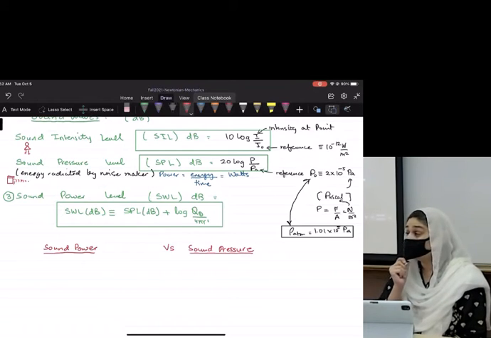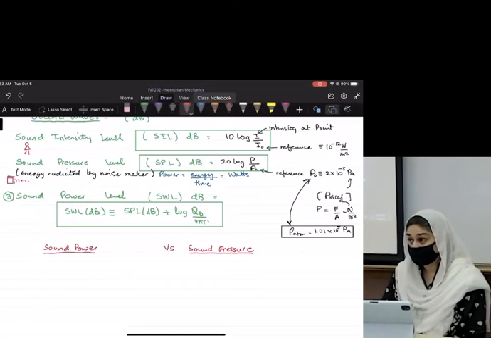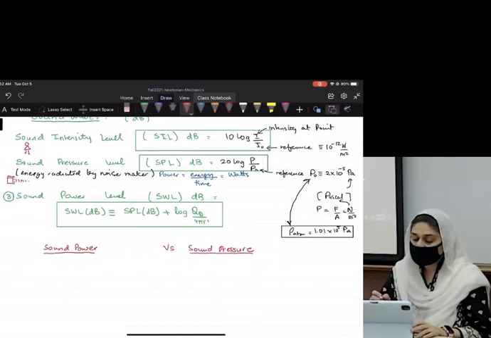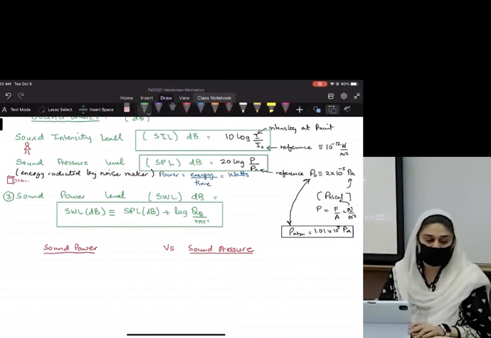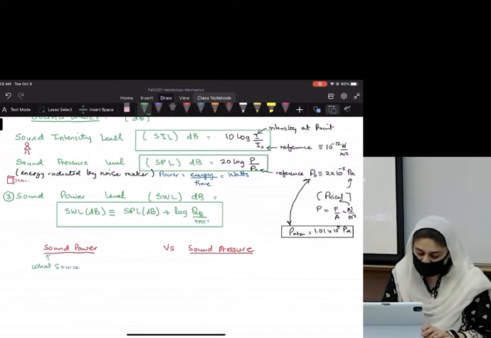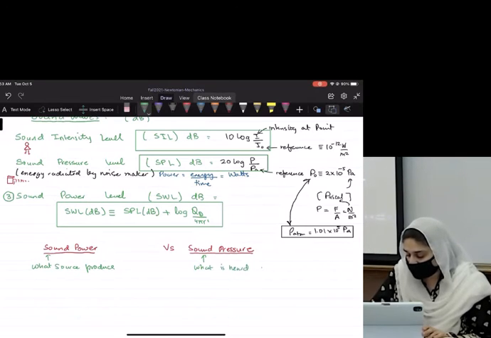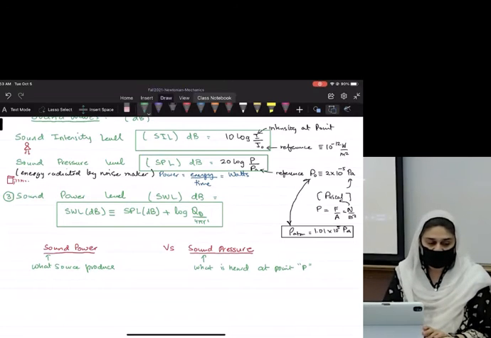However, the people who are interested in studying them are different. Why do I say that? So who studies the power? Power is what the source produces. And sound pressure is what is heard at point P.